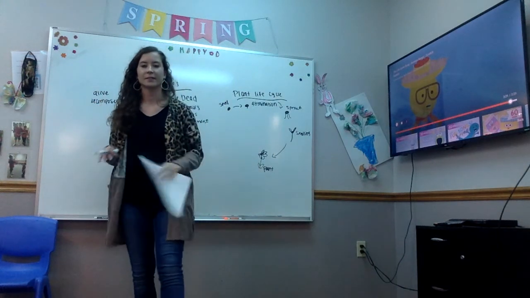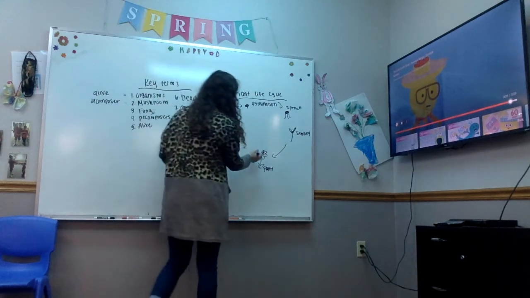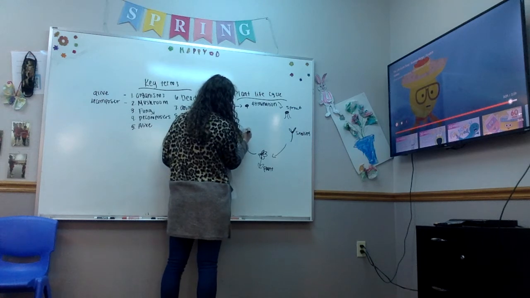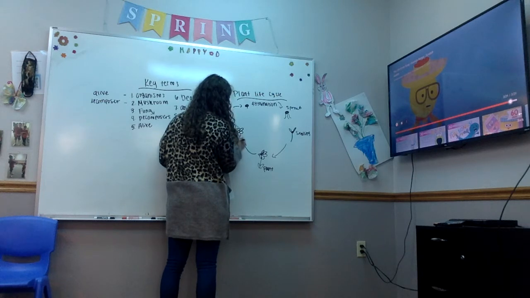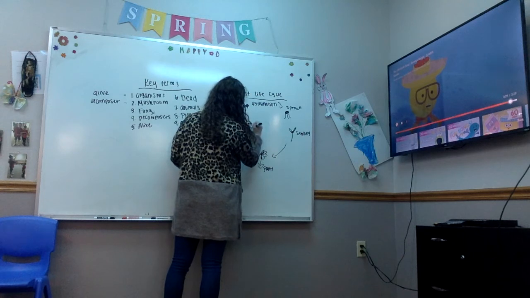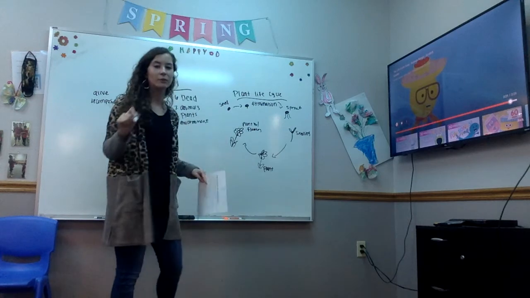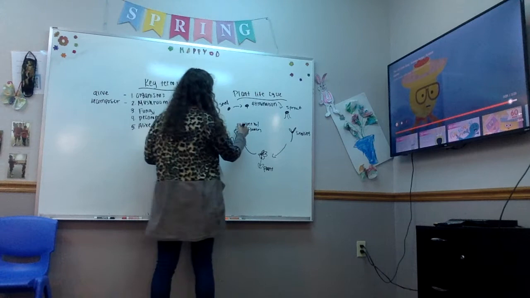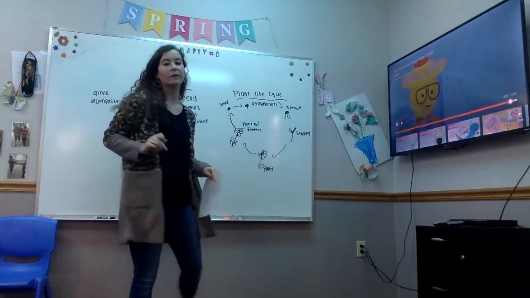Raise your hand. Okay, so after our plant forms, then our plant is going to grow flowers. And then once our plant with flowers grows, it's going to give off seeds, and then we're going to start the whole plant life cycle again.